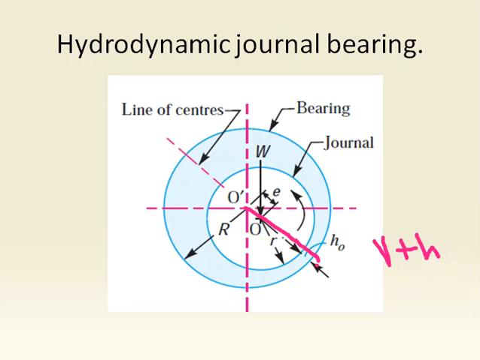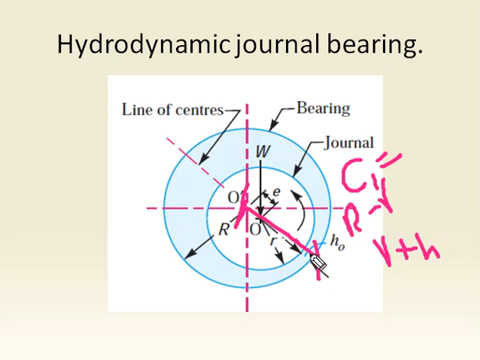I can explain like this. You can see that from here to here, this is C1, which is equal to capital R minus small r. So here it is capital R minus small r.